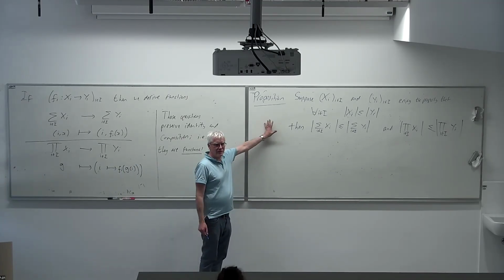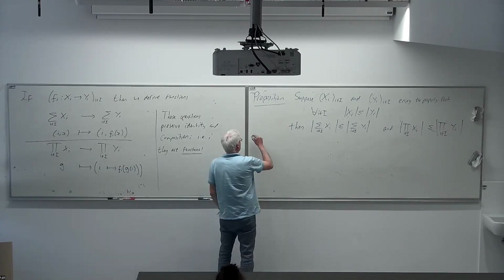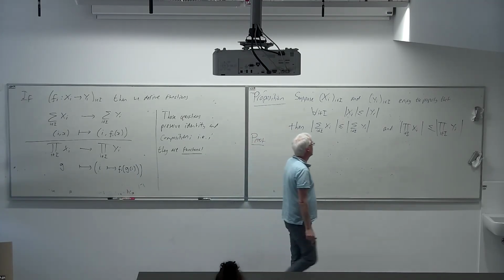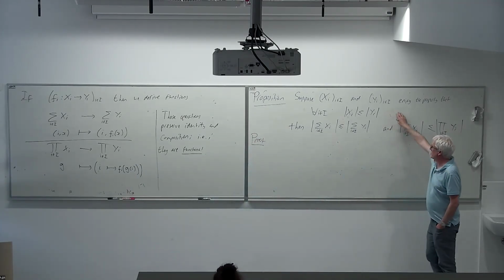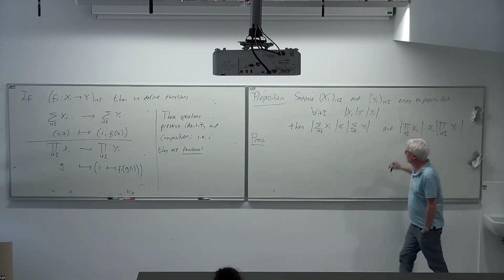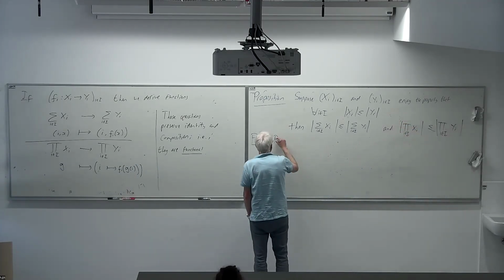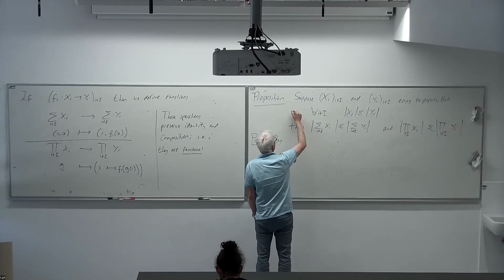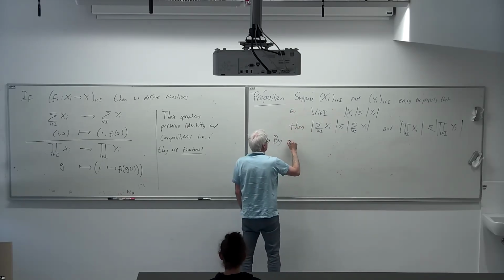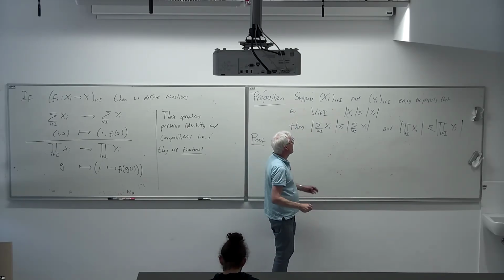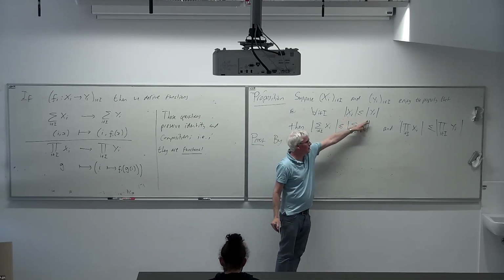Okay, so it's not surprising, but I'd like you to pay attention while I'm proving this, because there is a slightly tricky thing that goes on. It doesn't look tricky. So by the assumption, each X_i has cardinality less than or equal to Y_i.